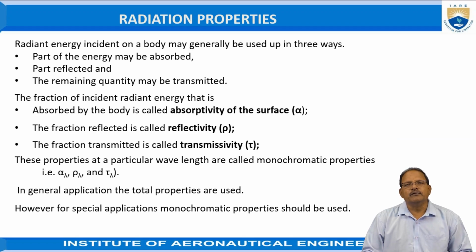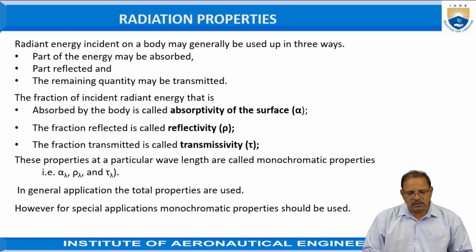Here the fraction of heat energy that is absorbed by the body, that is the ratio of energy absorbed to the total energy incident on that object, is called the absorptivity of the surface. Generally it is represented as alpha. The fraction of heat energy which is reflected is represented as rho.